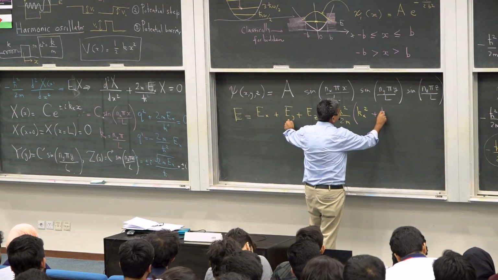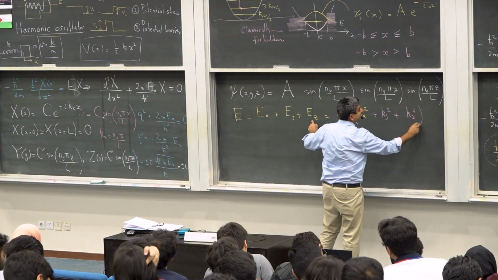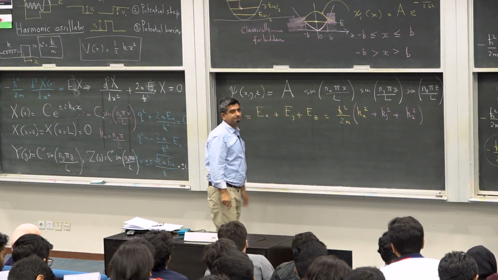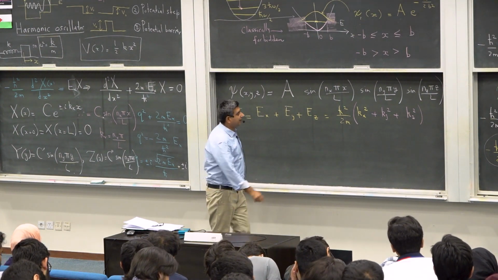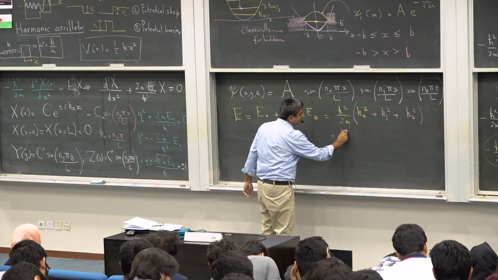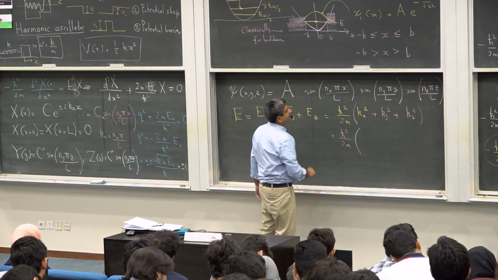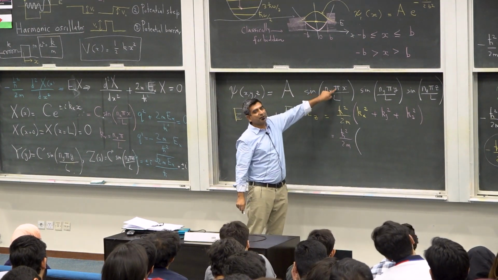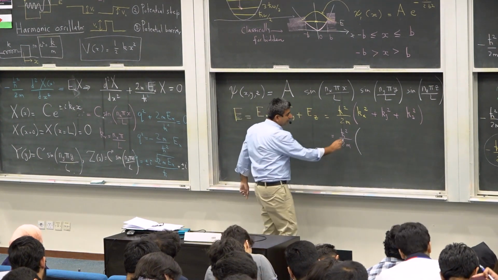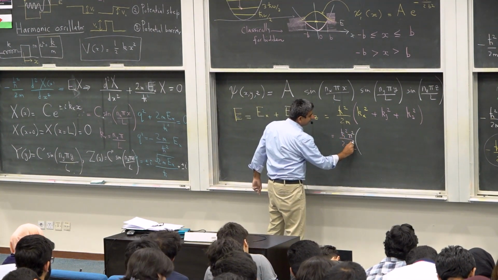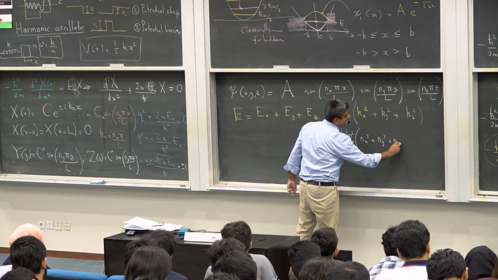Ey has a ky squared and Ez has a kz squared. And each one of these terms is a simple substitution. kx is really nx pi over L. So pi squared here, L squared here, nx squared plus ny squared plus nz squared.